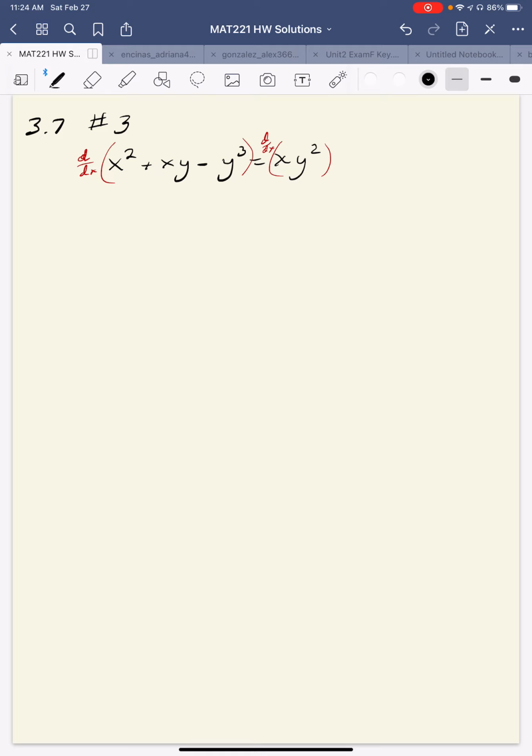The first term I have here is x squared. X squared is a simple x term, so it's easy for me to take the derivative of that. It gives me 2x. Then the next term I have is this xy term, so that's going to require me to use the product rule.